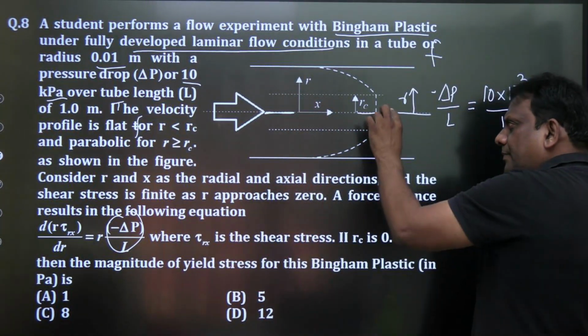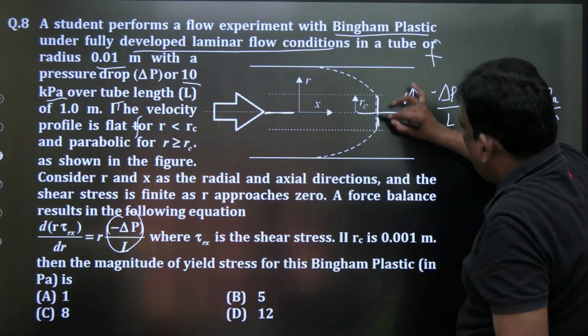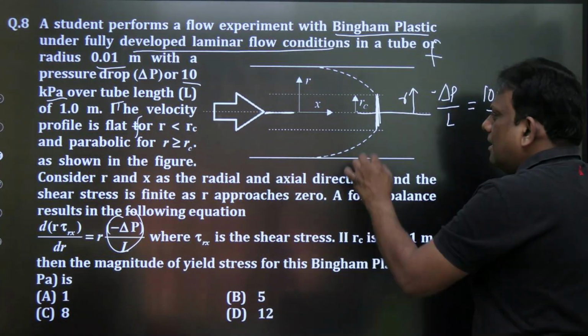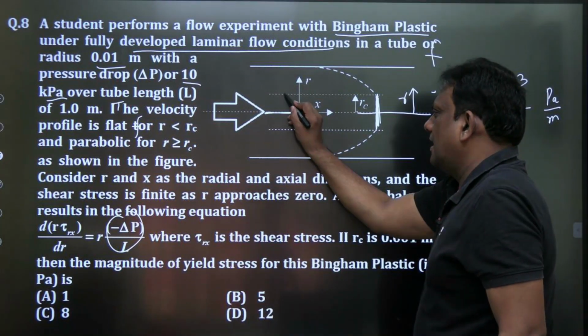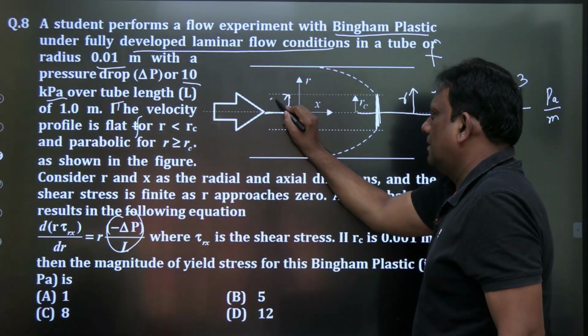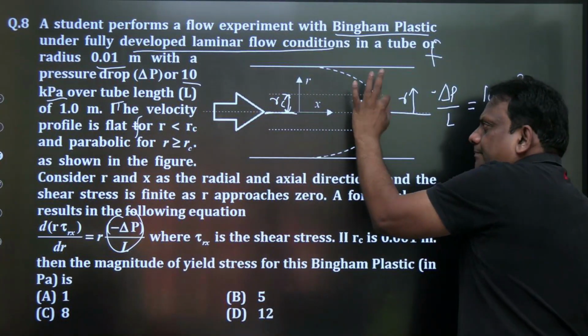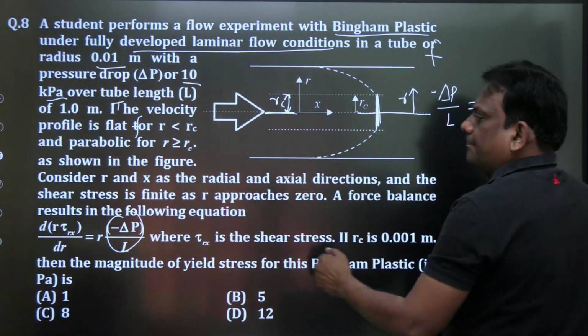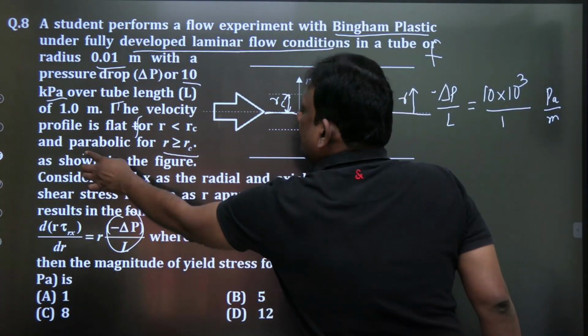Look carefully: this profile is flat up to what radius? R less than RC. This is the center and this is RC, and up to RC the profile is flat. For R greater than RC, the profile is parabolic.